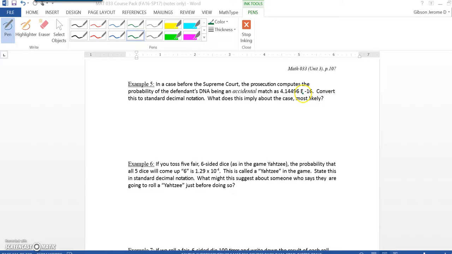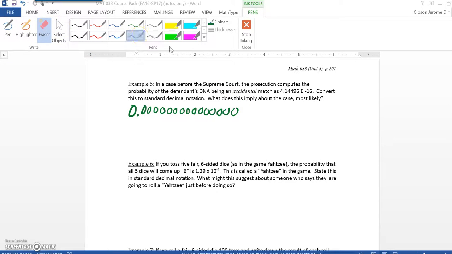Now this means times 10 to the negative 16. Which means we have to move this decimal to the left 16 places. So in front of this 4, we will have 15 zeros. 1, 2, 3, 4, 5, 6, 7, 8, 9, 10, 11, 12, 13, 14, 15, 16. Oh, actually it's supposed to be 15, not 16.